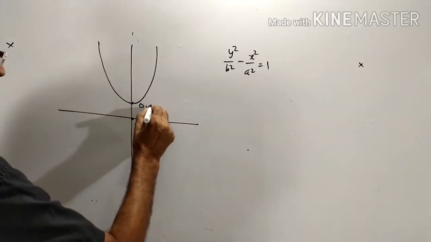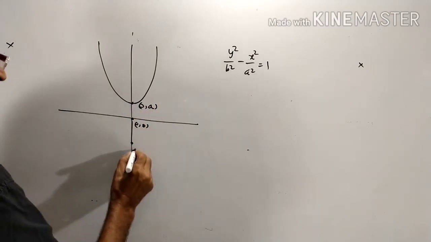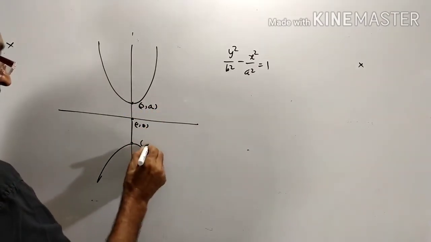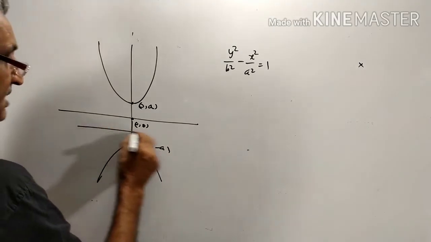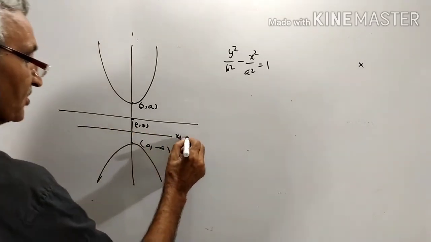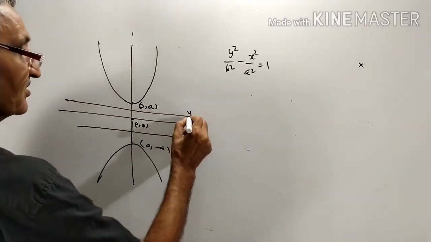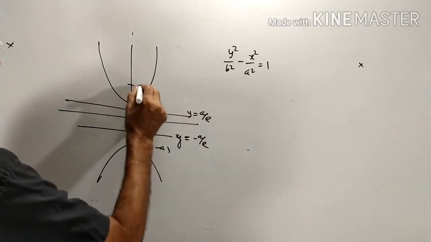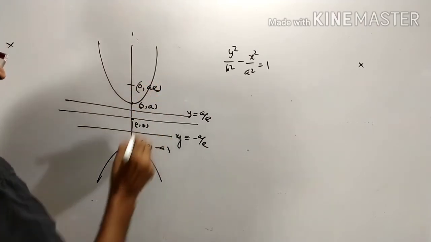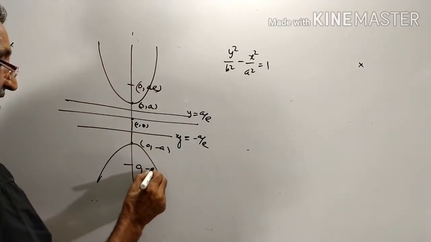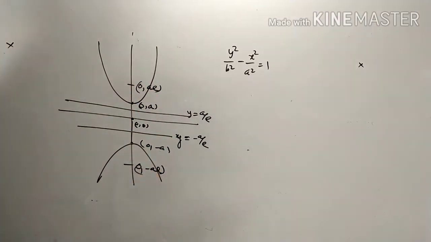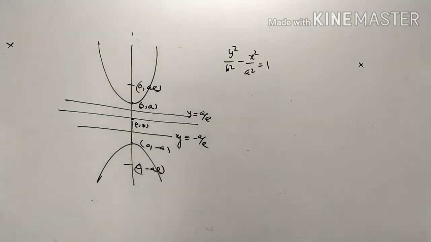This point is (0, a), and this point is (0, minus a). y is equal to minus a over e. Here y is equal to a over e. The focus is (0, ae), and this focus is (0, minus ae). That is the case when we say y square upon b square minus x square upon a square, the equation of the hyperbola, then this becomes so.